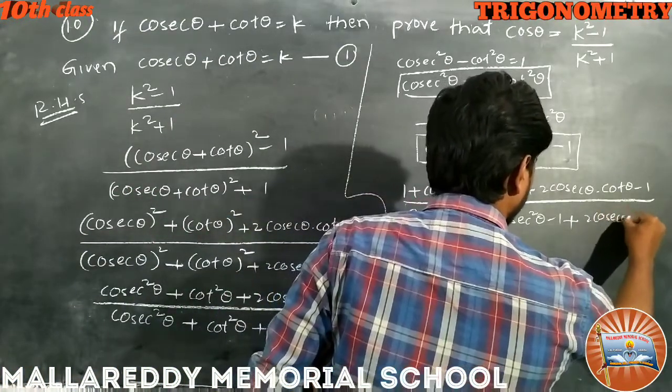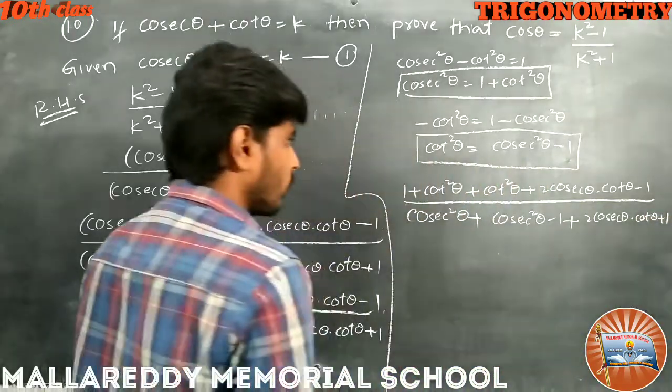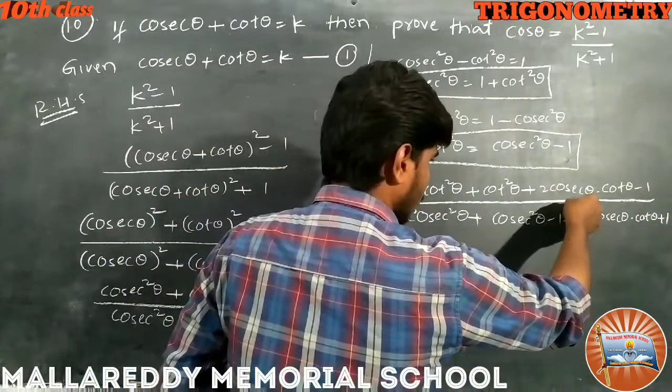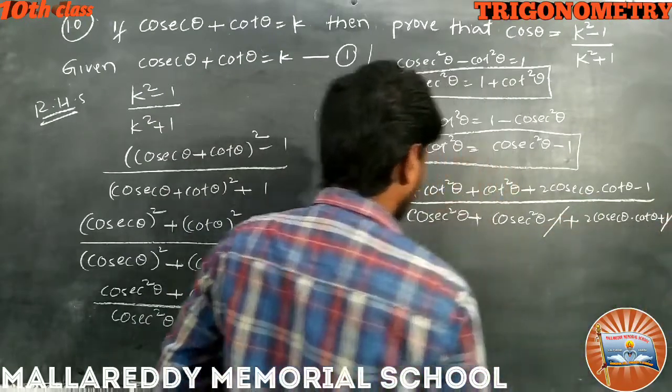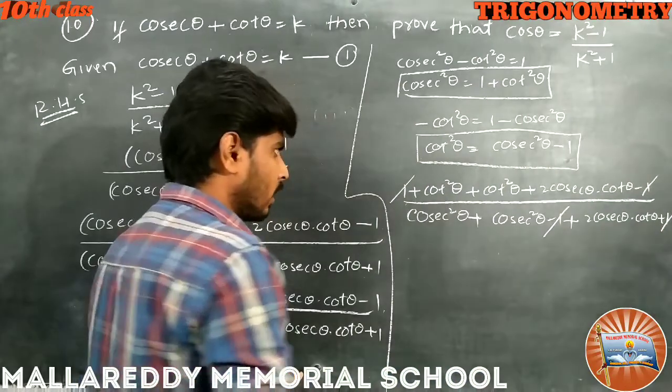Here this minus 1 plus 1 gets cancelled, plus 1 minus 1 gets cancelled. What is the remaining?